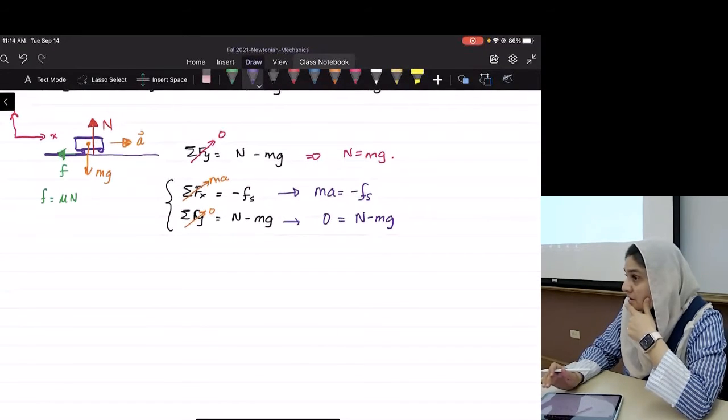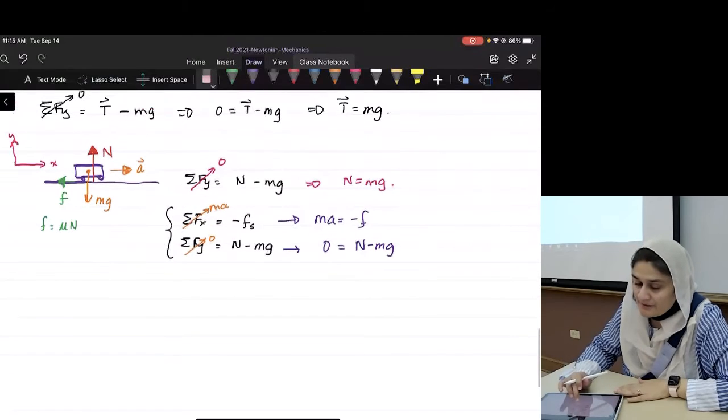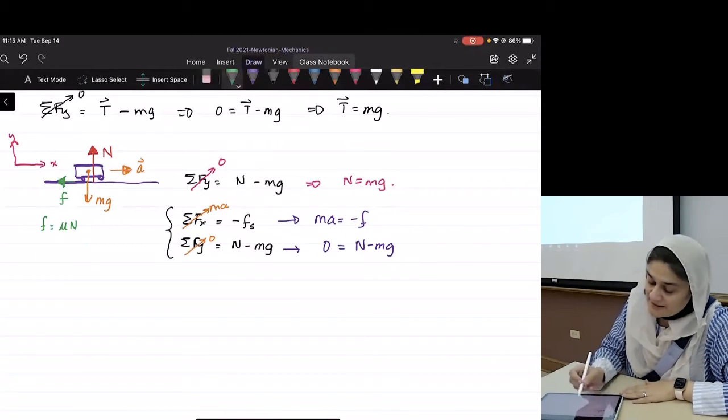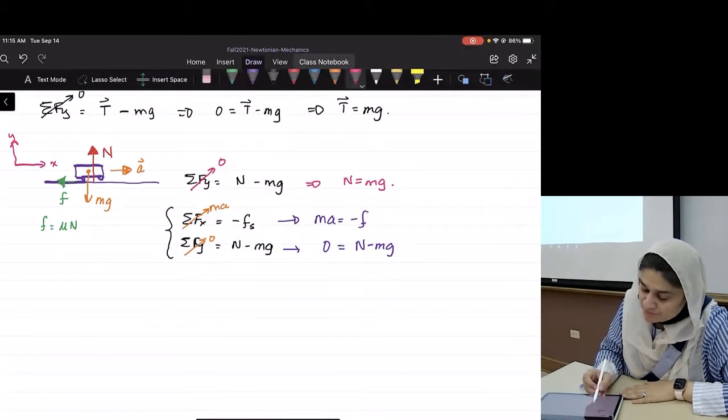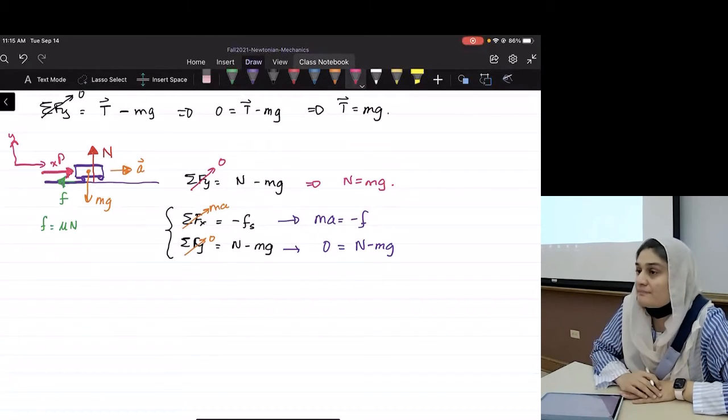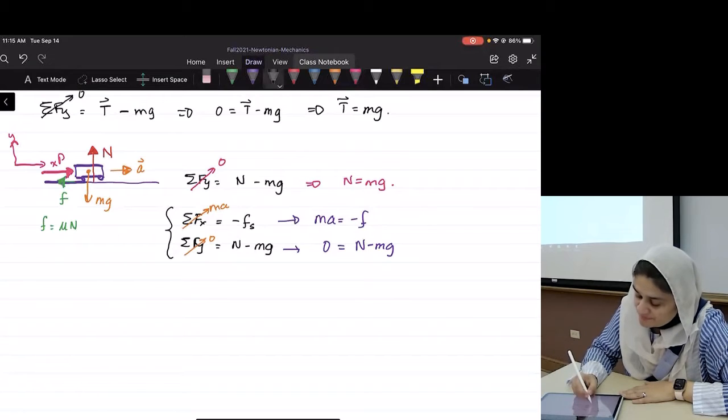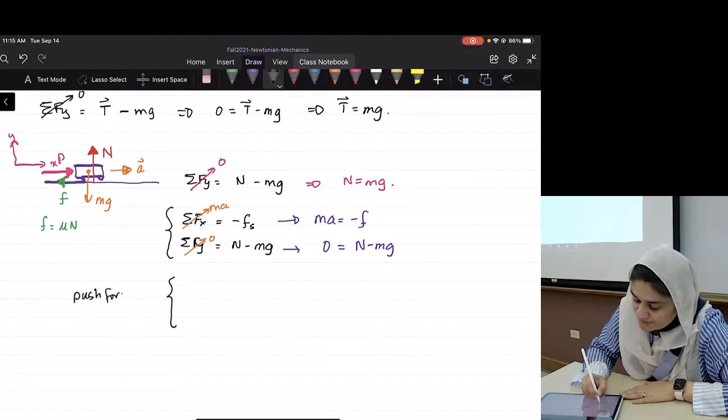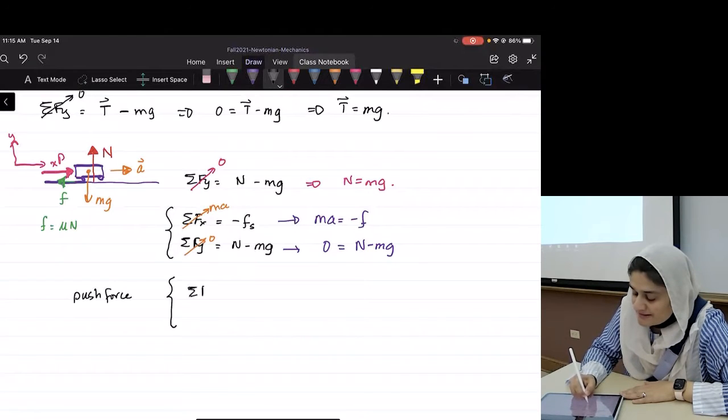So far, so good? Okay, now I'm going to add another thing to it. What if there is a push force acting on this in this direction? How do my equations change? In the presence of a push force, I will still write sigma Fx and sigma Fy.